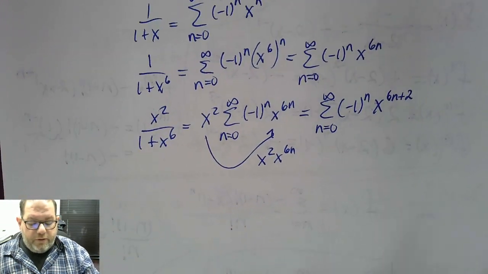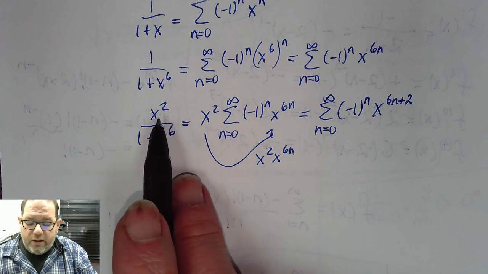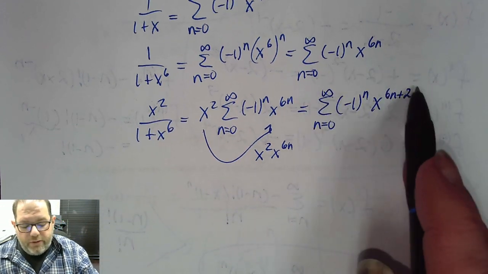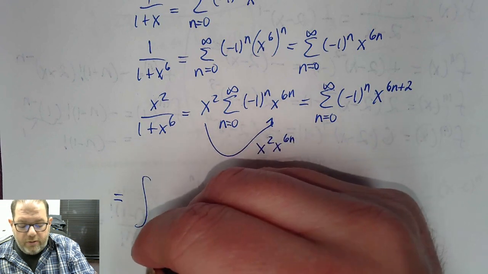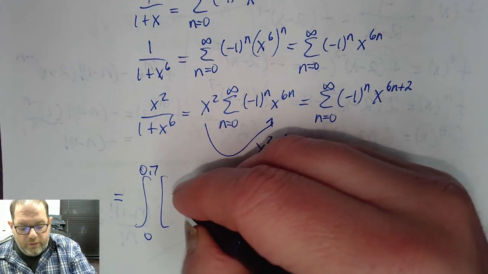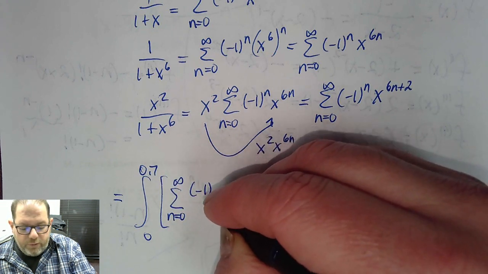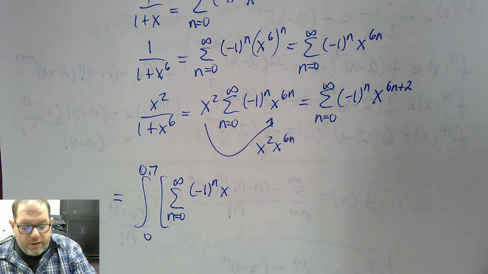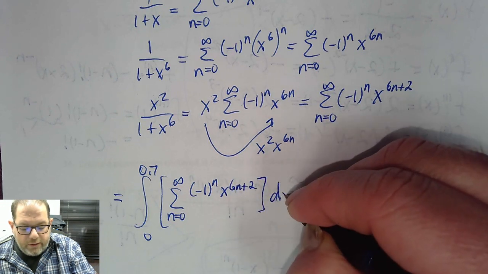So, this is the function we actually want to integrate. Therefore, we can now integrate this series. So the sum n equals 0 to infinity, negative 1 to the n, x to the 6n plus 2 dx.